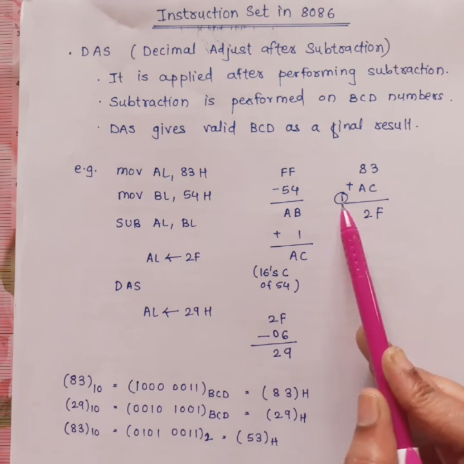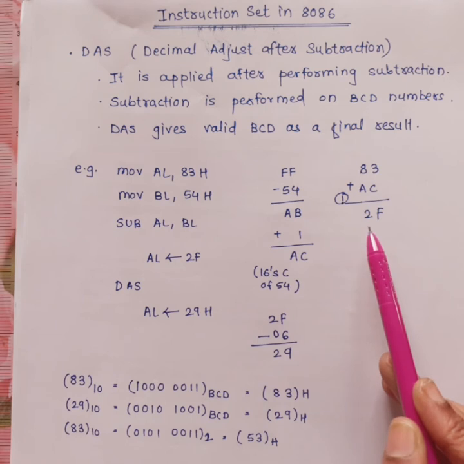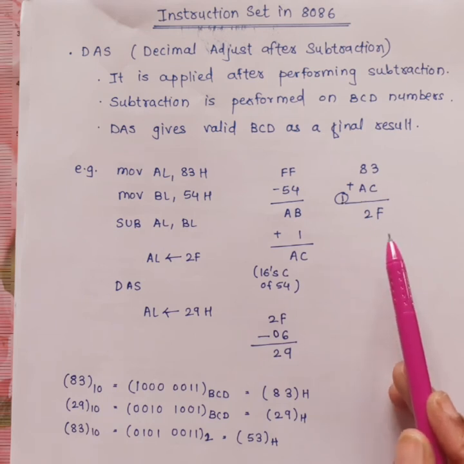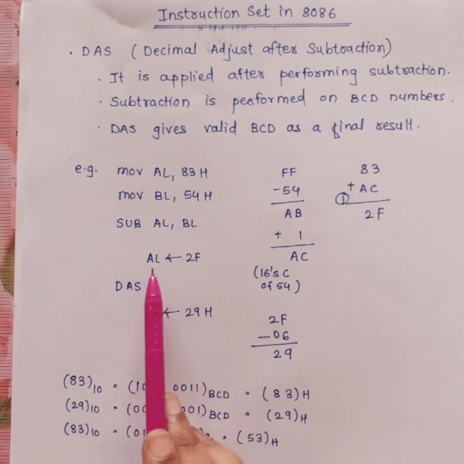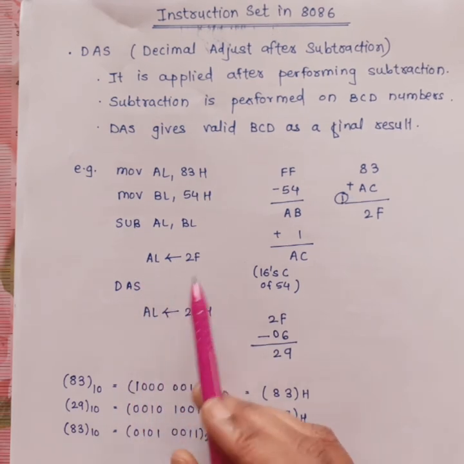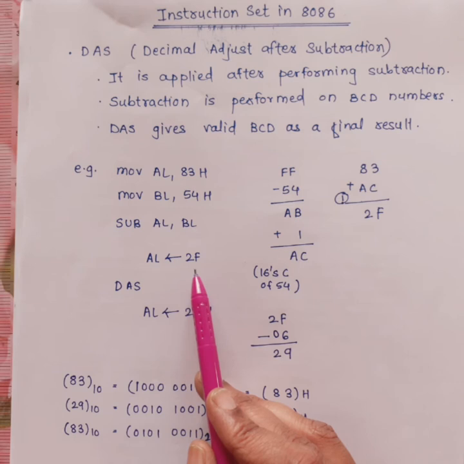As this carry is generated in 16's complement subtraction, it must be ignored, as the result is in its original form. This 2F gets stored in the AL register. But if we consider BCD, then this represents an invalid BCD because this F exceeds 9.